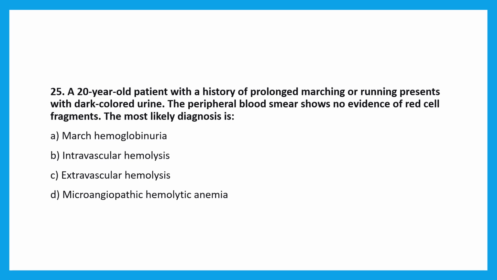All right. A 25-year-old patient with a history of prolonged marching or running presents with dark-colored urine. The PBS shows no evidence of fragments. There's no evidence of red cell fragments, and we have a clue of prolonged marching, running, and most importantly, hemoglobinuria, which is the dark urine here.